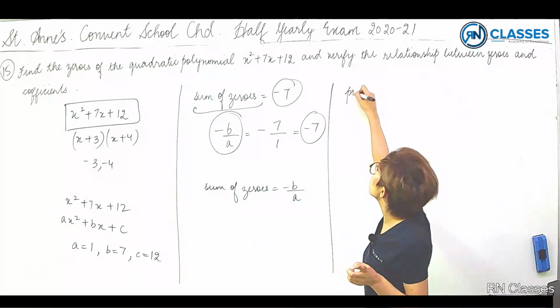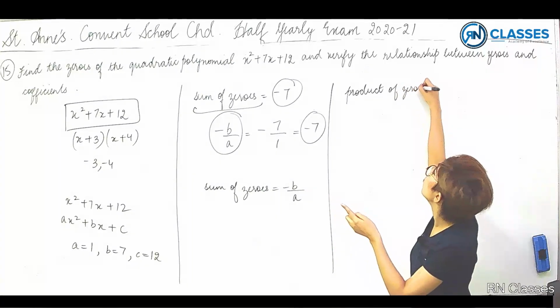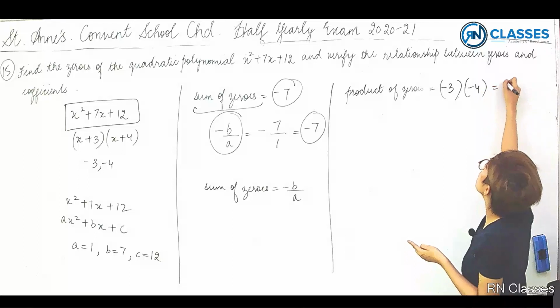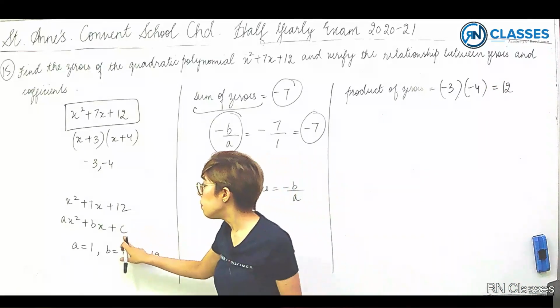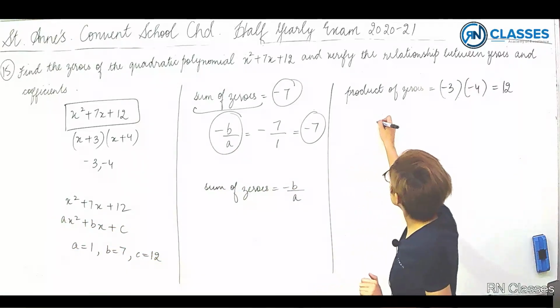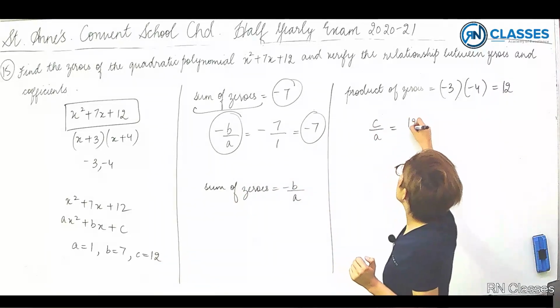So product of zeros, that is minus 3 into minus 4. So that will give you 12. Now, product of zeros is equal to constant term divided by coefficient of x square as in a. So, c by a. So, let's calculate. C by a is equal to, c is 12 and a is 1.